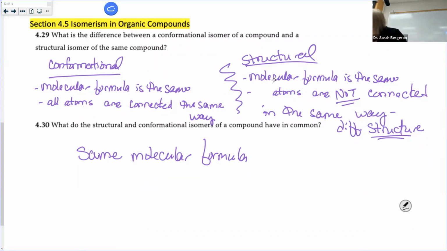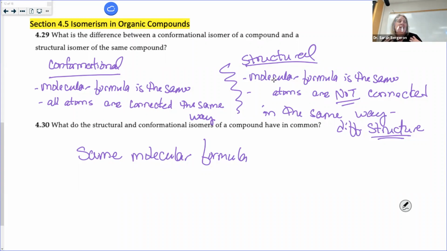So I could take any molecule that I have, right? And I can rotate it in 3 dimensions. I can rotate bonds, you know, I can turn things. And it's still the same molecule, right? Okay, the other thing that can happen is that you can have what are called structural isomers.